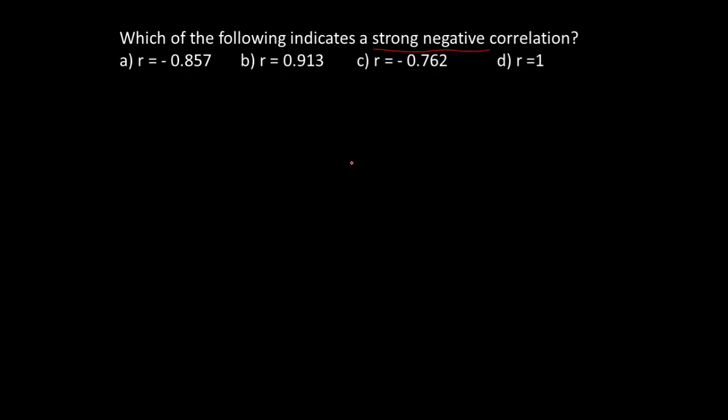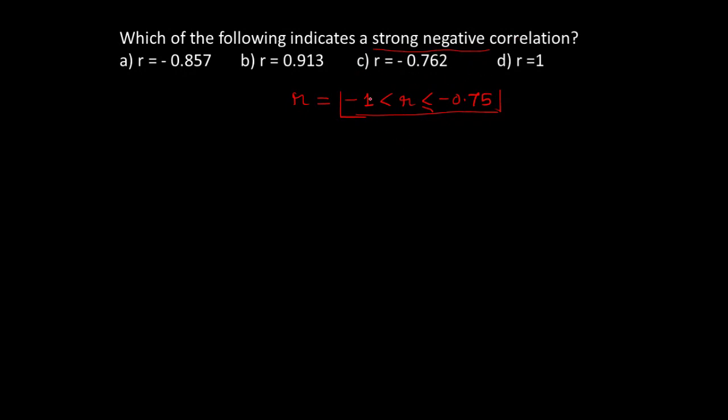The value of R must be negative and it should vary from -1 to -0.75. If the value of R is in this range, you may write less than or equal to here, but it is not equal to -1, then the correlation is a strong negative correlation.